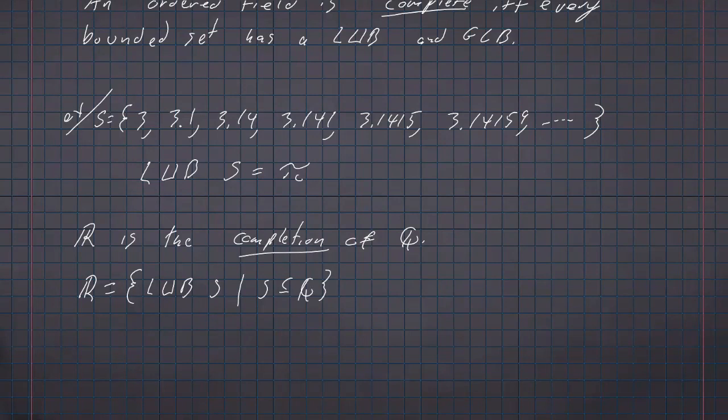So the least upper bound will be the complete infinite series, infinite decimal expansion, non-repeating nonsense that is pi. And that way, pi is a real number, even though it cannot be written as a fraction. One of several ways of defining the real numbers. We use this way of defining them in this course because that's what's going to be useful to us.